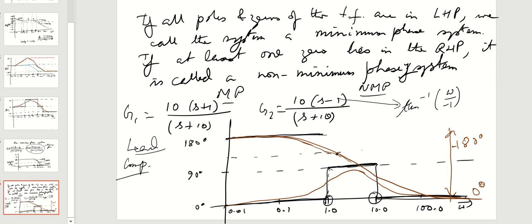So because the minimum phase plant, among all transfer functions that have identical magnitude plots, so here's the explanation, let me write it down.